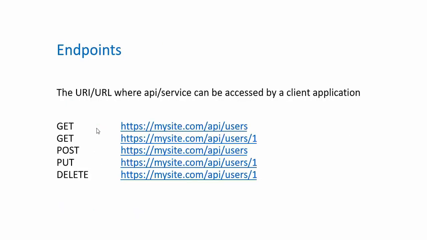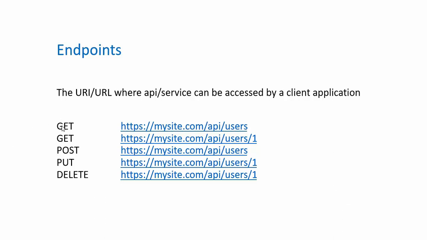So now we're going to look at some example endpoints. This is the URI or URL where our API or service can be accessed by a client application. This is just an example of how the endpoint works.